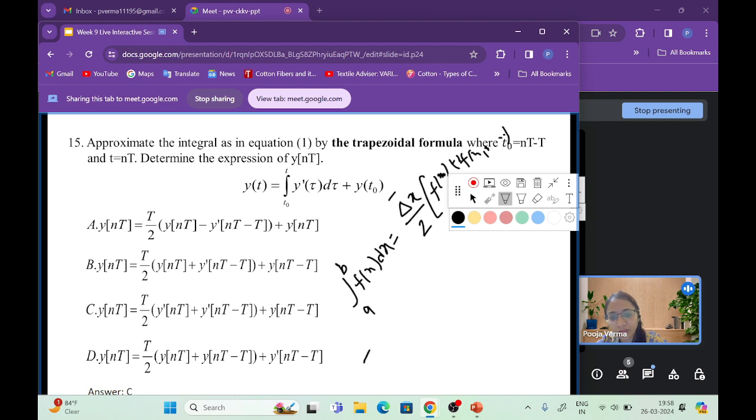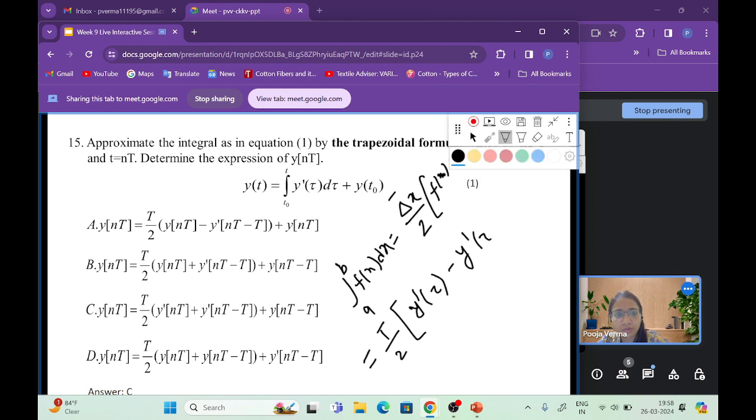So if we are taking the trapezoidal formula, del x here is capital T by 2, and if we are integrating this, what we will get is y dash tau minus y dash tau plus y t naught, and it varies from t naught to t.